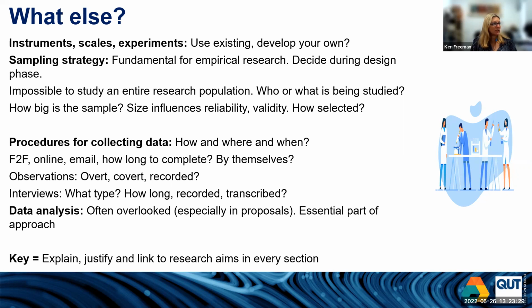Sampling strategies are really important. You cannot study an entire research population. So the magpie researchers, they couldn't do every magpie in Australia, could they? They only could do those, however many they had, 5, for example. So they sampled by going out and finding them and seeing a little group that were together.